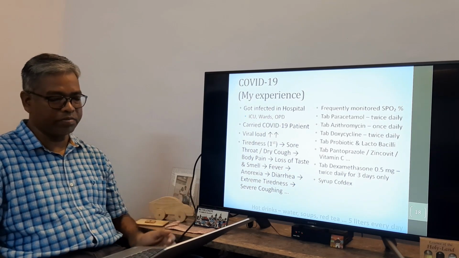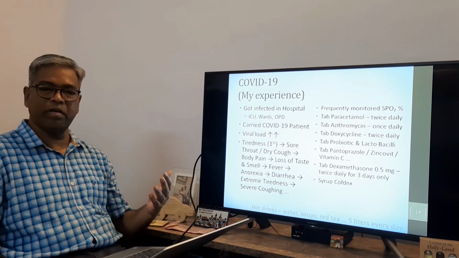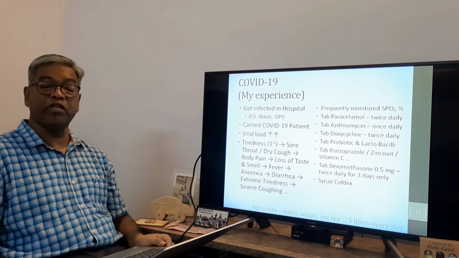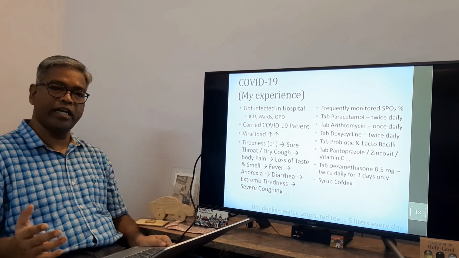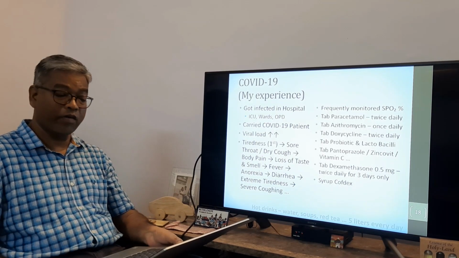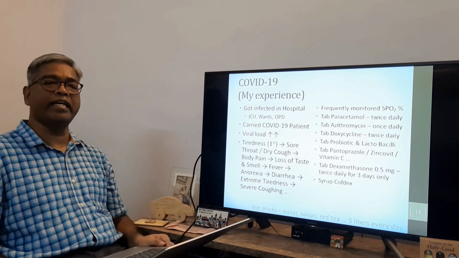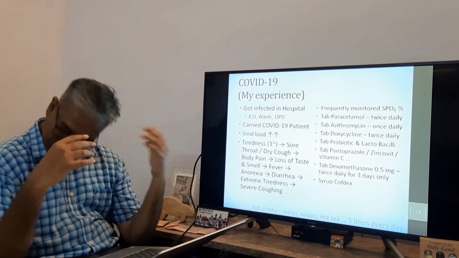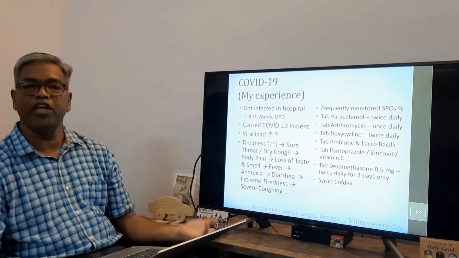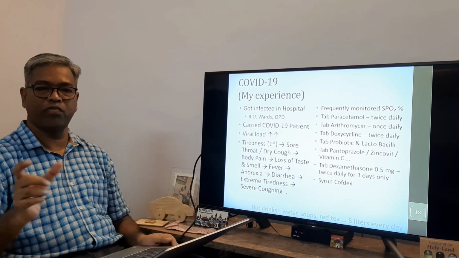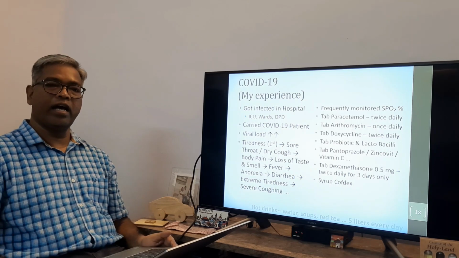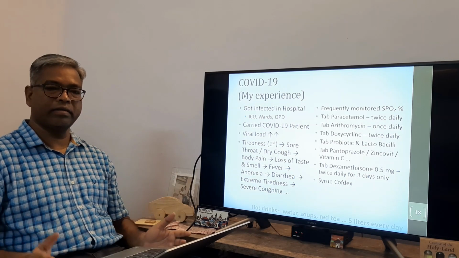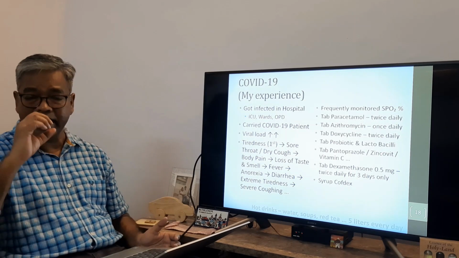I had all these symptoms of fever and didn't feel like eating, and I was not able to eat actually. Just to have 2 slices of bread took me more than an hour, and there was extreme tiredness. I couldn't sit. It was like I was falling off. I was like that for about 4-5 days, from the 7th day to the 12th day or so. I couldn't even sit and drink water.